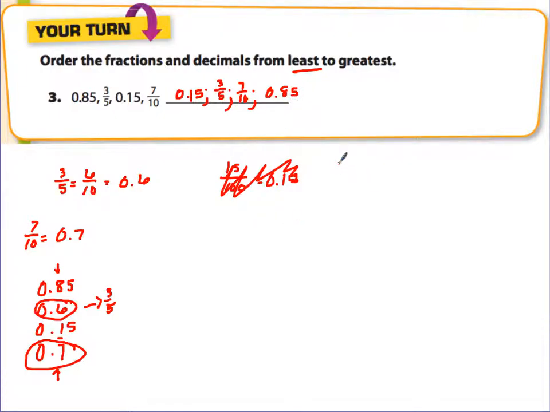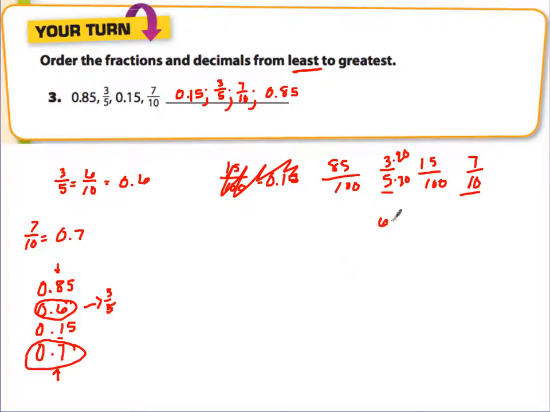Now, if I did this writing it as fractions, it would be 85/100. And then again, 3/5. And then 15/100. And then 7/10. I would make these so all denominators are 100, because typically changing them using multiplication is just easier. So I multiply by 20, multiply by 20.